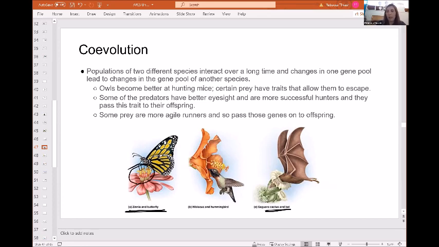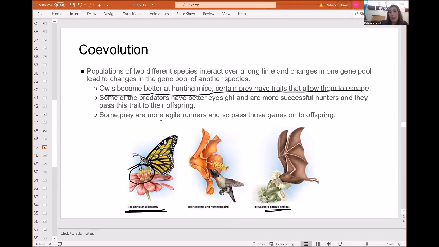This cactus flower is really optimally designed to be pollinated by this bat. That's because as one species changes, it exerts pressure on the other to change in response. So owls become better at hunting mice. Certain prey have traits that allow them to escape. And so it's like an arms race over and over again. Some predators have better eyesight, they're more successful hunters, and they pass this to their offspring.